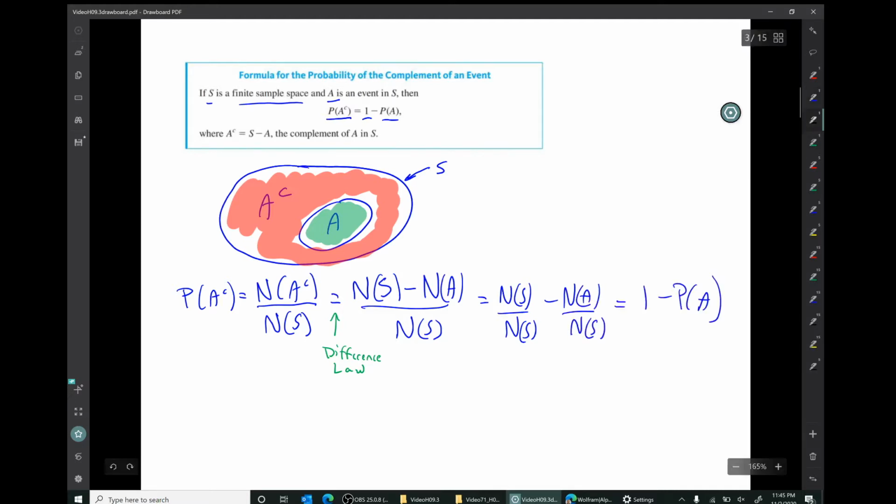We see that the probability of A complement is equal to this ratio, the number of elements in A complement divided by the number of elements in S, but that can be simplified. The difference law tells us that the number of elements in A complement is equal to the number of elements in S minus the number of elements in A. And then from then on, it's just arithmetic.